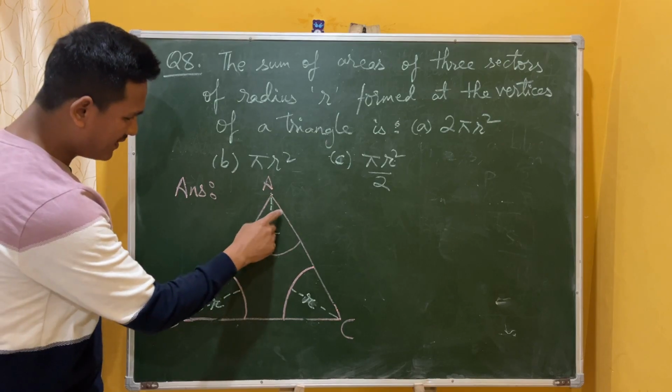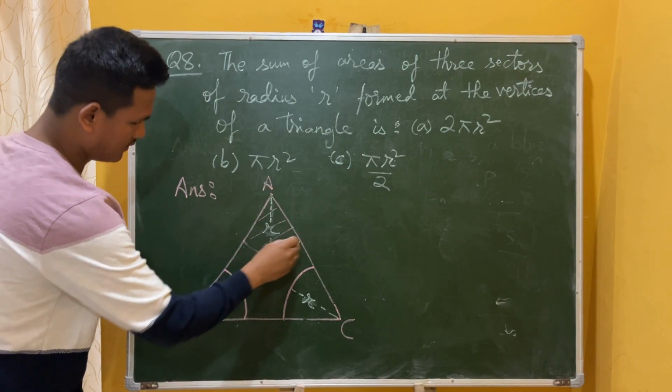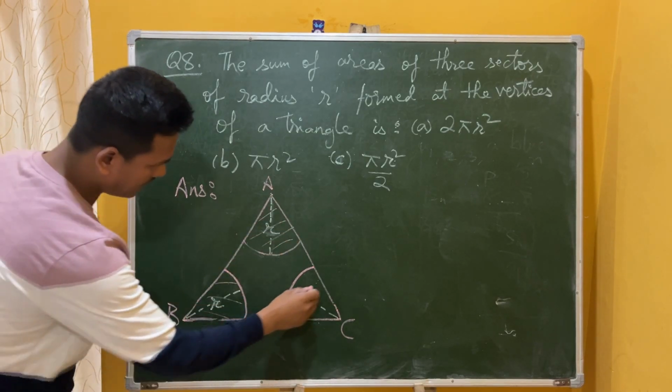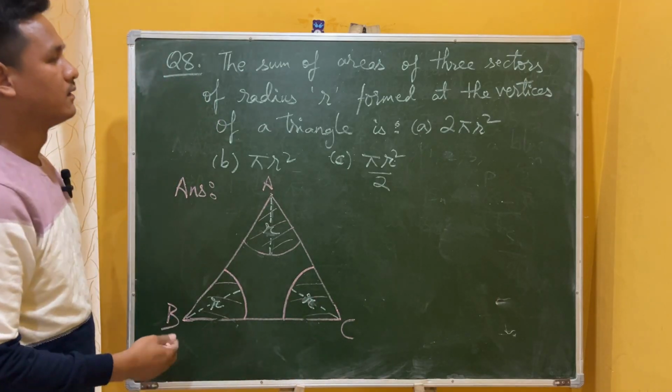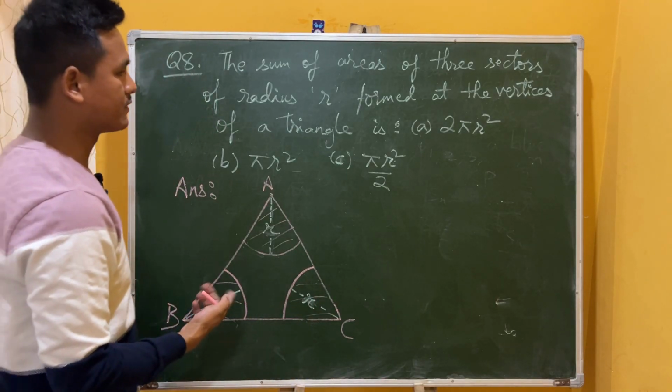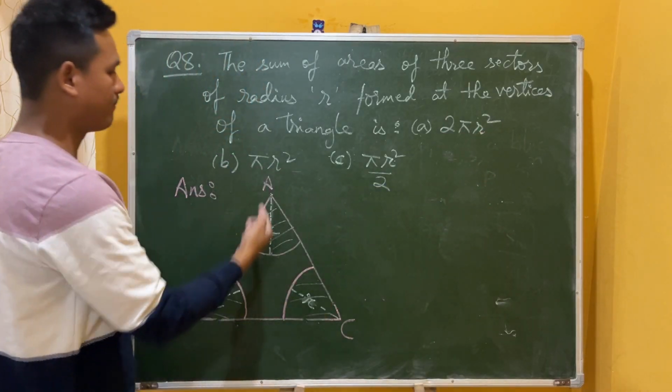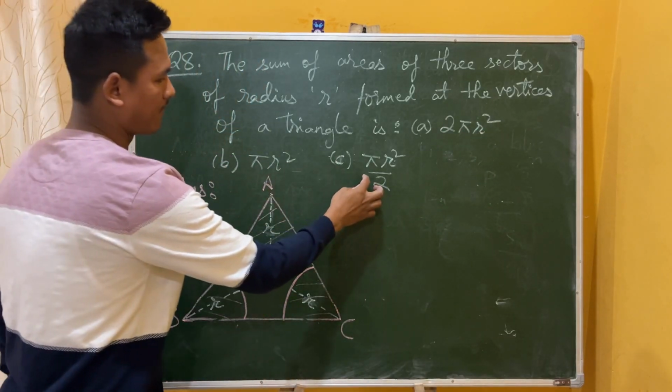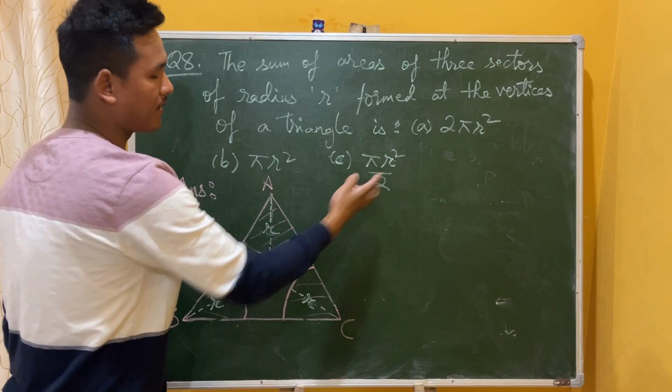So if we add these three areas, this area, this area, and this area, what is the answer? Is it 2 pi r square, or half of pi r square?